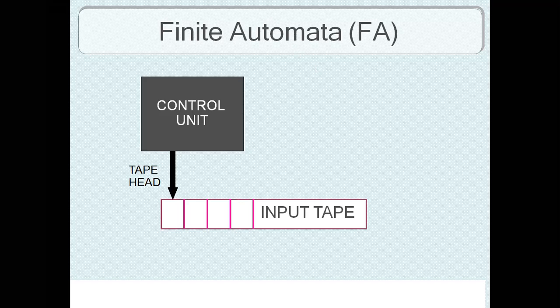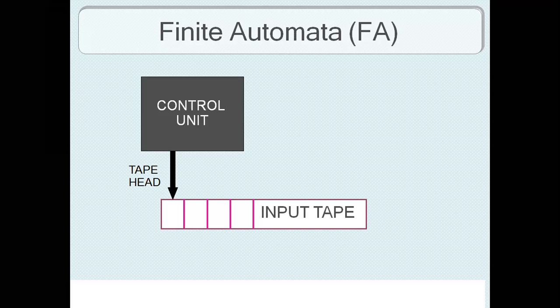Input tape, read-only head and control unit. The input tape consists of a string, divided into a sequence of cells, and each cell is filled with only one symbol, or only one alphabet. That is called the input tape.